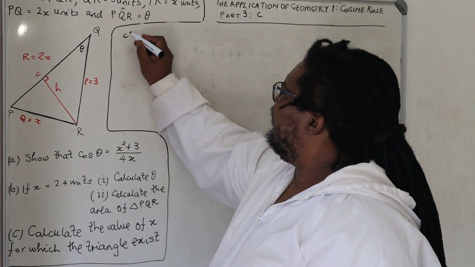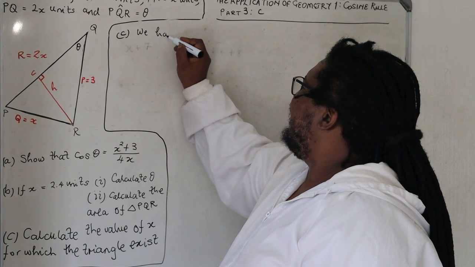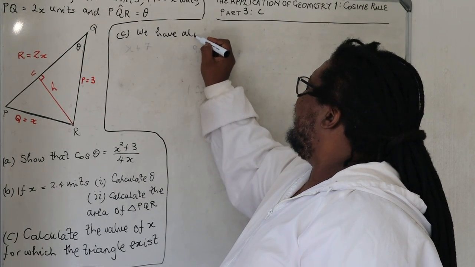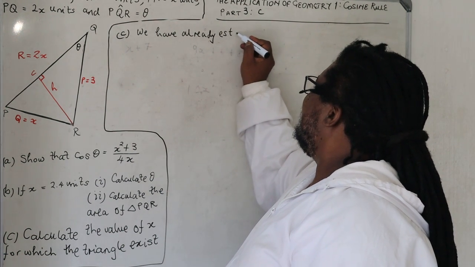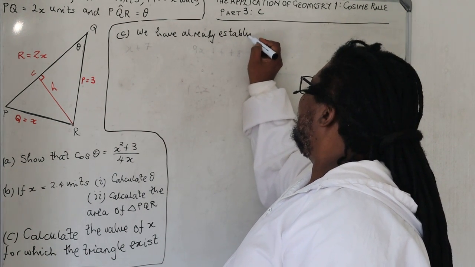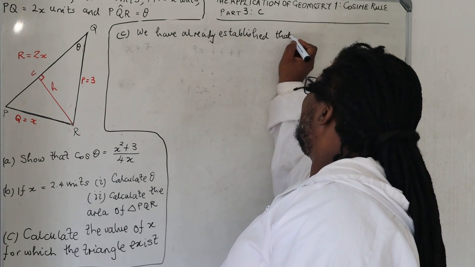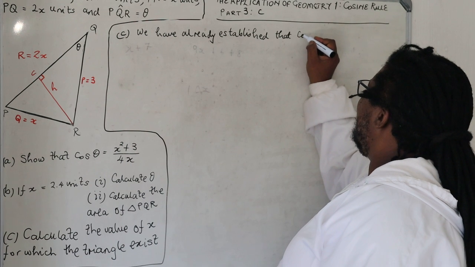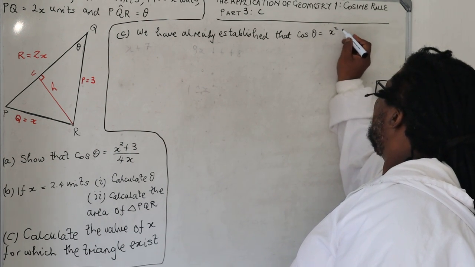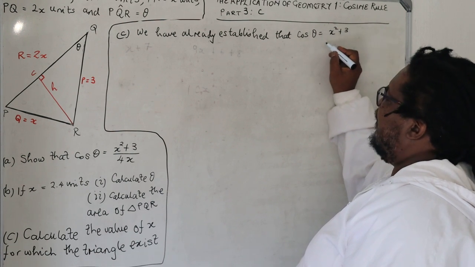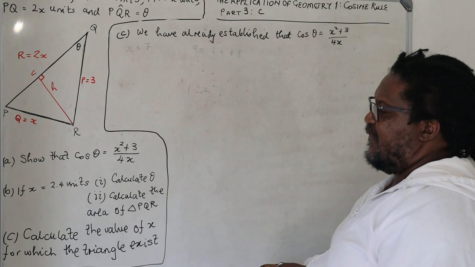We have already established that cos theta equals x squared plus 3 over 4x.